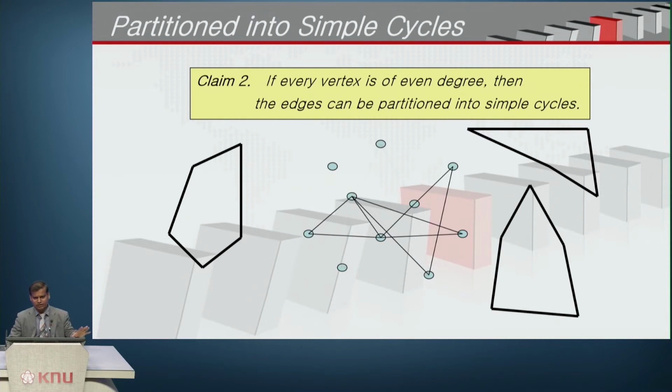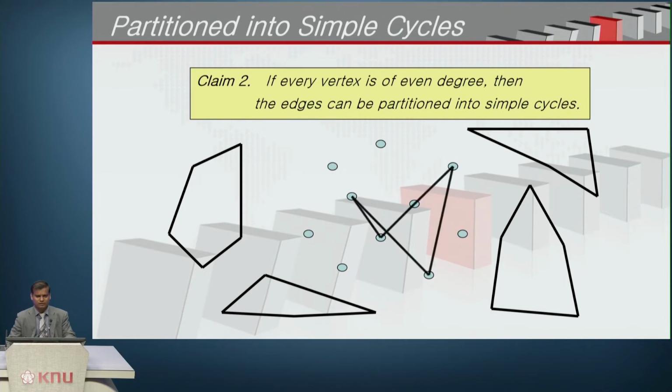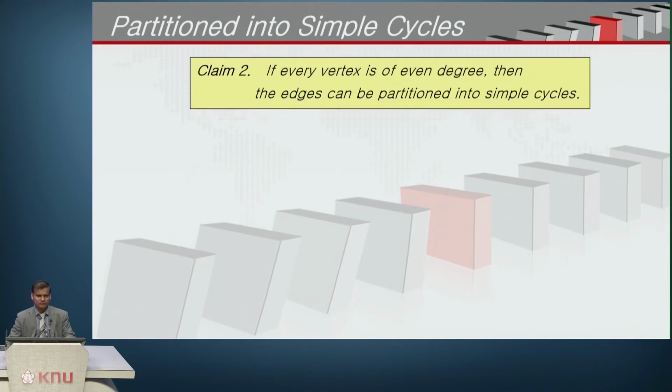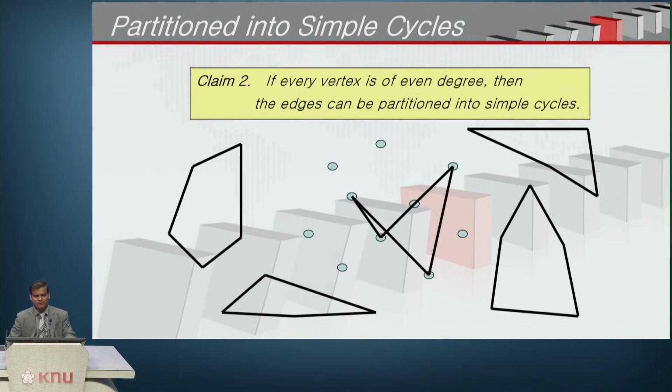Let's take this and put it aside. Still there are a few more simple cycles available. Let's take it out. Here is the last one. So what we have done here is partition these simple cycles from the original graph that was given to us.